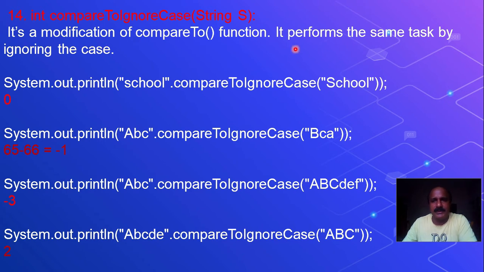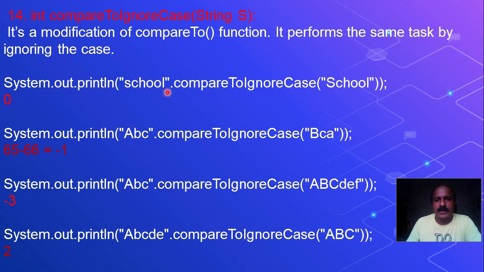It performs the same task by ignoring the case. Only the case will be ignored. All other things will be the same. compareTo is a case sensitive function. compareToIgnoreCase is not a case sensitive function. From here itself it is very clear for you. Ignore case, that's why. Let us see one example over here.